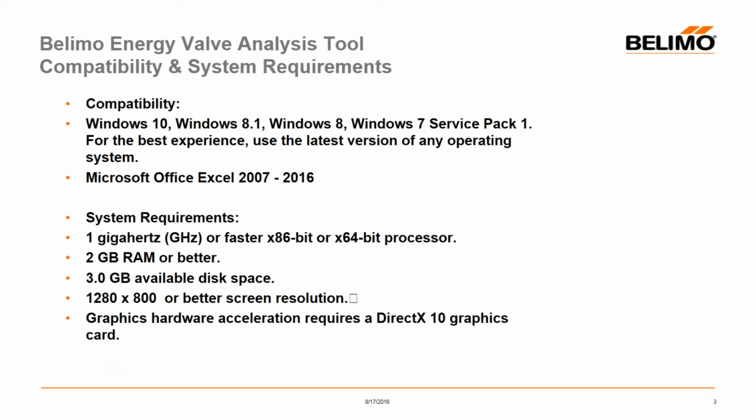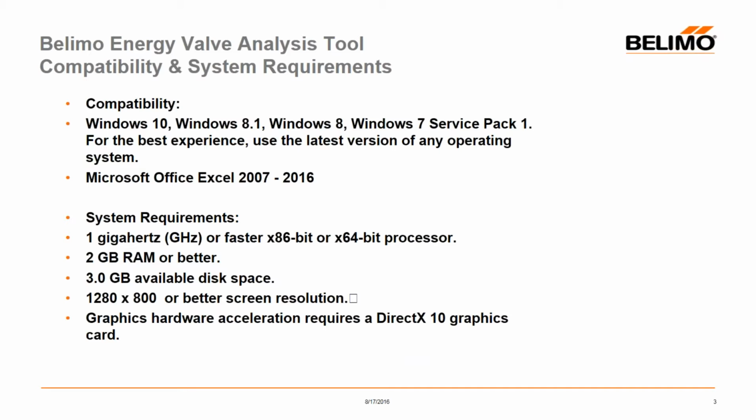Basic compatibility and system requirements. You need to run Windows 10, 8.1, or Windows 7 with Service Pack 1. For the best experience, always make sure you're running the latest version of any operating system and are up to date on service packs and patches. It'll run on Excel 2007 through 2016.